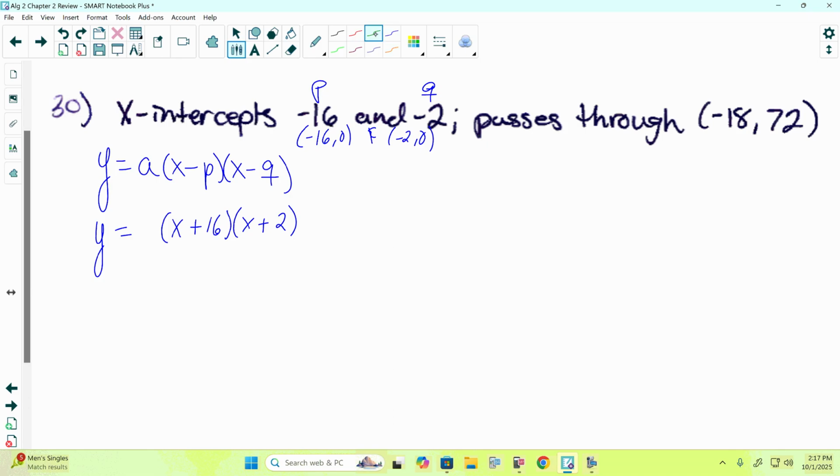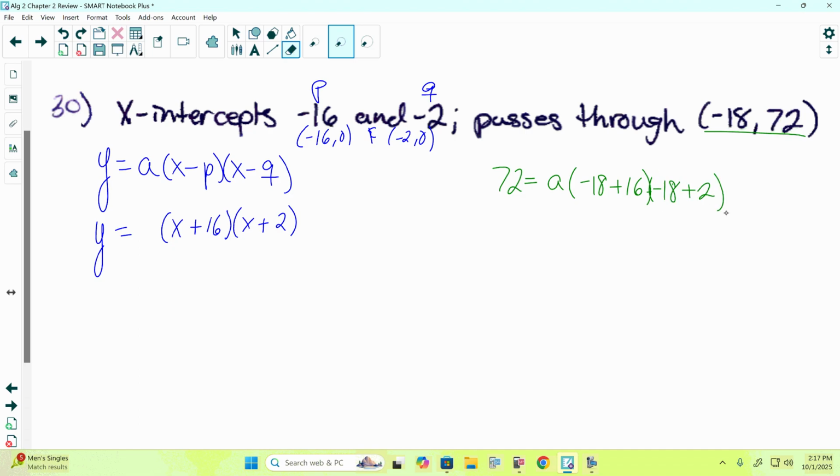And just like the last one, we're going to use the point, plug 72 in for y, negative 18 in for x, and simplify.